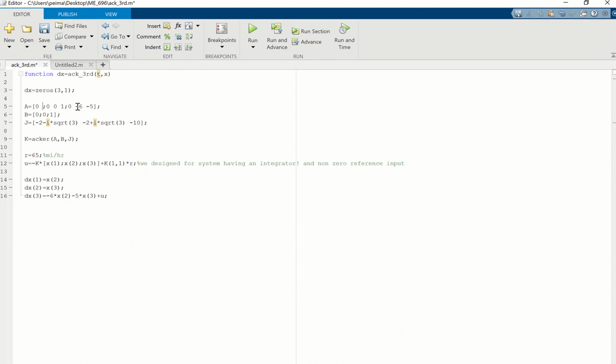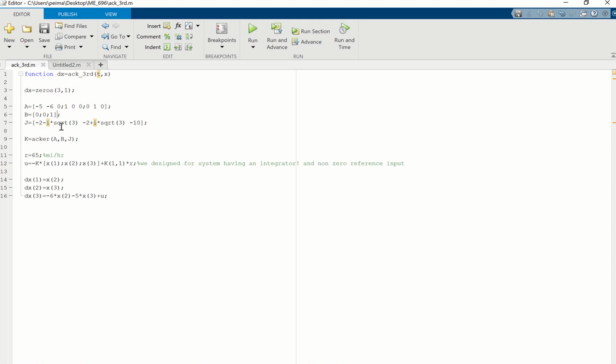So it's going to be minus 5, minus 6, and 0, and 1, flipping this, 0, 0, and 0, 1, 0. This is based on what Matlab gave us, this state space.